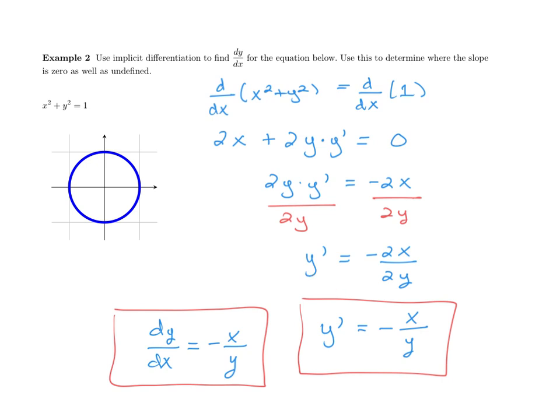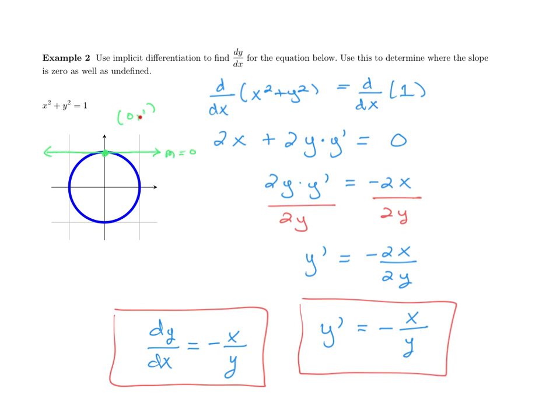One other thought. These equations tell you the slope of this graph at any point. I'm just going to check a couple of points to see if they actually match up with these equations. Like here, this point. This is the point 0 for x and 1 for y. What is the slope at this point? If you draw a tangent line, the slope is 0. It's horizontal.